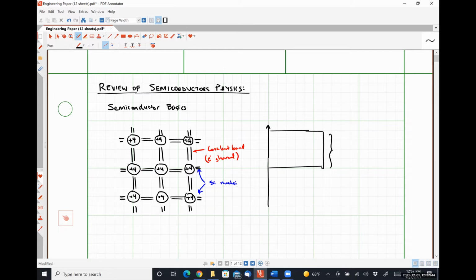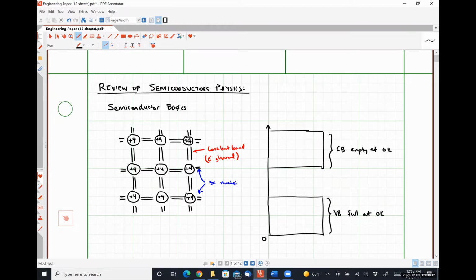So this is going to be our conduction band, and it will be empty at 0 degrees Kelvin. And then down here will be our valence band, which will be full at 0 degrees Kelvin.